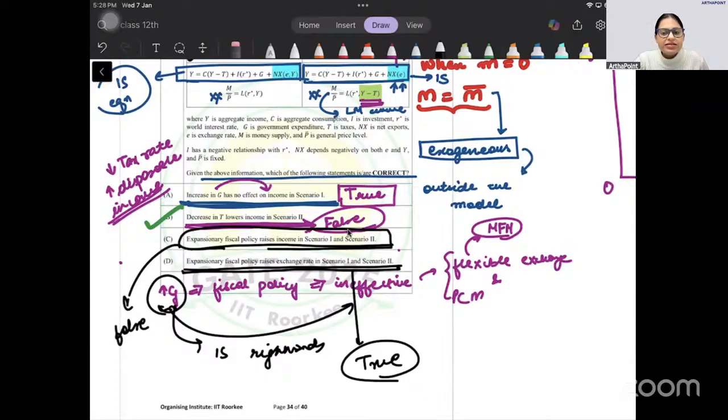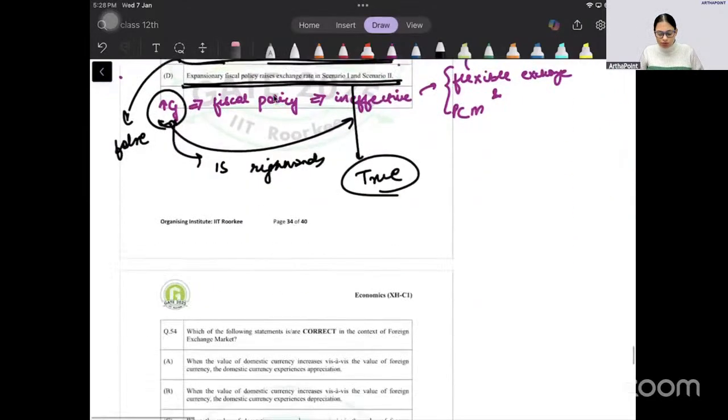Would we take decrease in tax also as expansionary fiscal policy? You can. Yes, you can take that. Is this clear? Any doubt in this question? Can I move on?